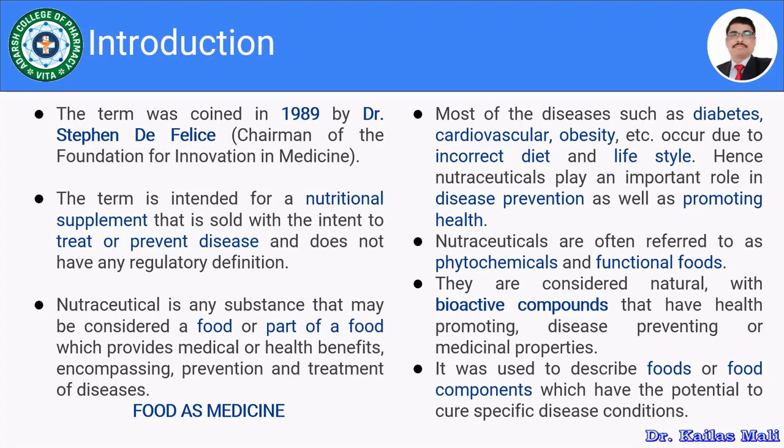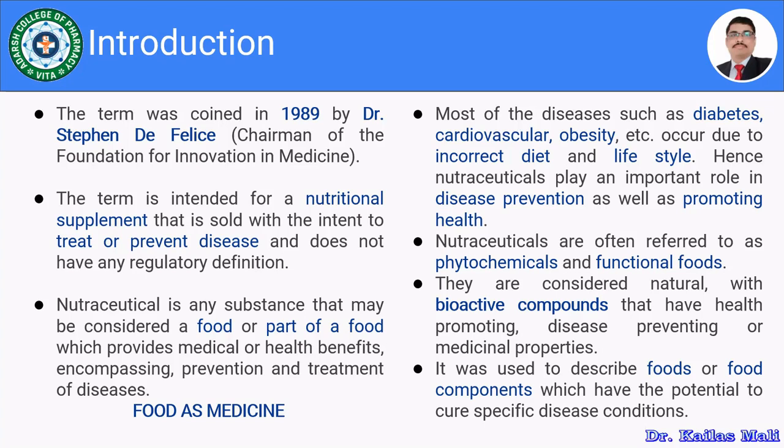Nutraceutical is any substance that may be considered as a food. So what is a nutraceutical? Broadly, a nutraceutical is any substance that may be considered as a food or a part of food which provides medical or health benefits, encompassing prevention and treatment of diseases. The term is very broad.